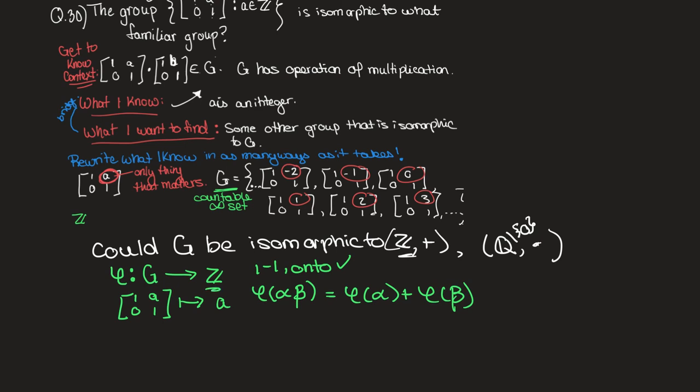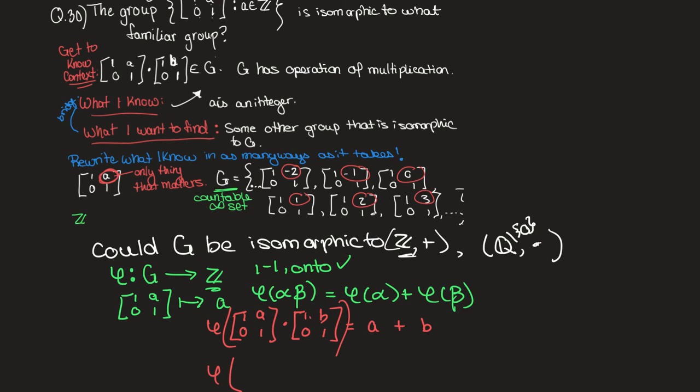So let's write that out. I'm going to be multiplying matrices [1, 0; A, 1] times [1, 0; B, 1], and that should equal just A plus B. Oh, and I forgot my phi. Phi of that. So I have to do some matrix multiplication.